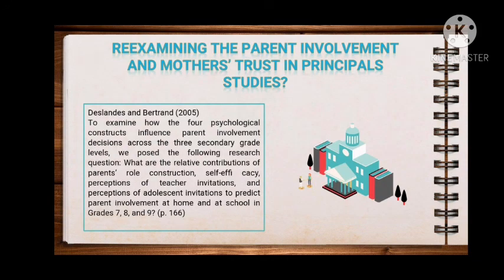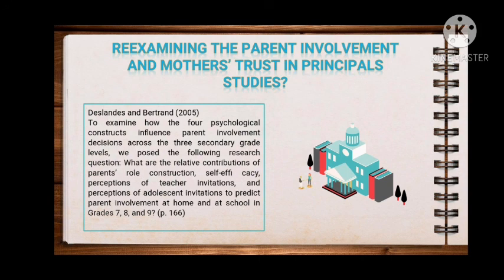The next slide is about examining parent involvement and mother trust in participant studies. This study aims to examine how the four psychological constructs influence parent involvement decisions across the three secondary grade levels.